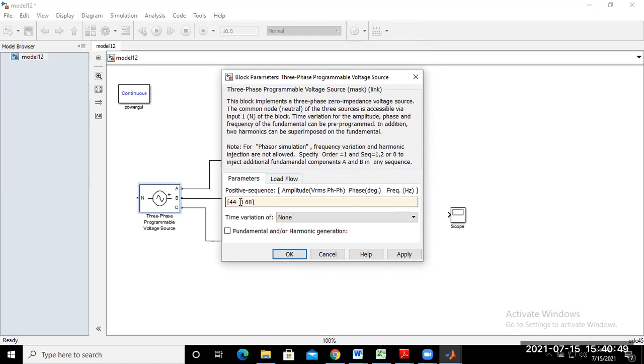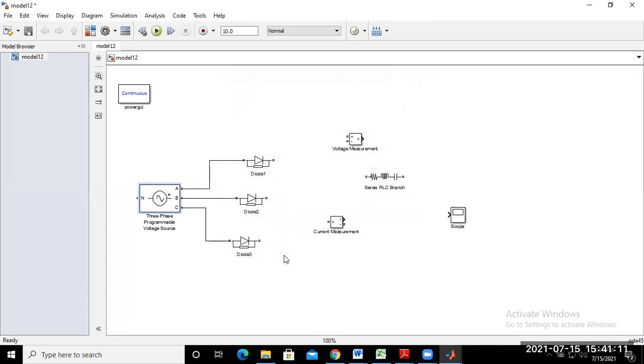So 440 into 1.42, and frequency is your extreme frequency, 50 Hertz. So just type here.